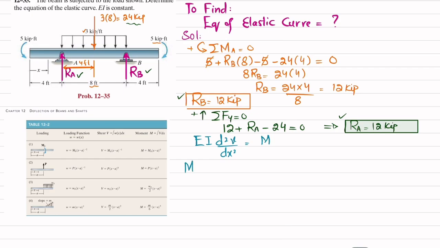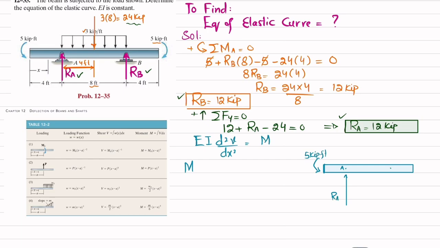For that, let me draw this beam over here. You can see at this end we have a moment that is 5 kips-feet. Let this be your point A, where there is a load RA that is acting, and RA is 12.